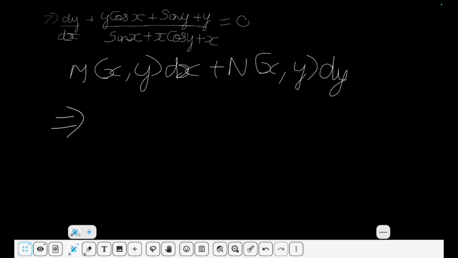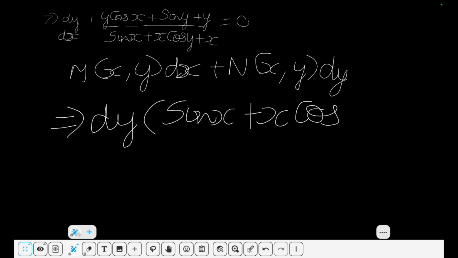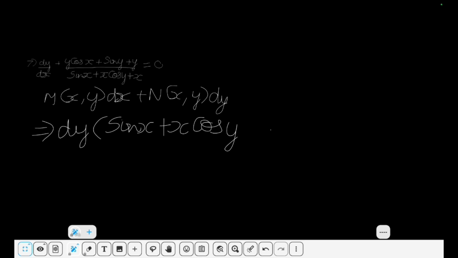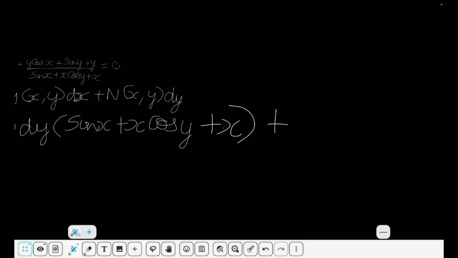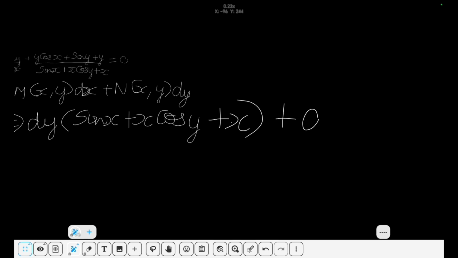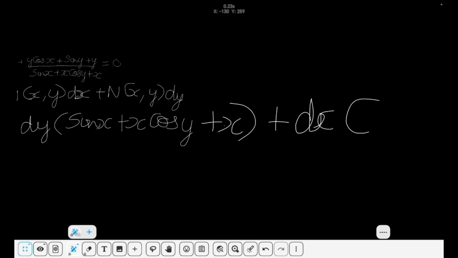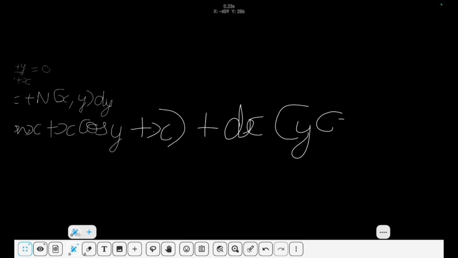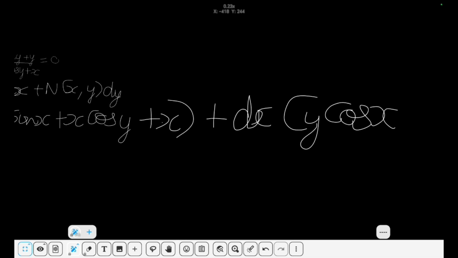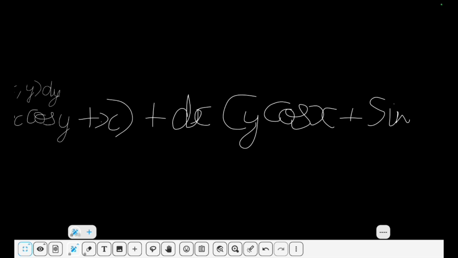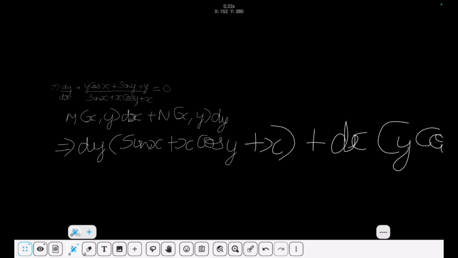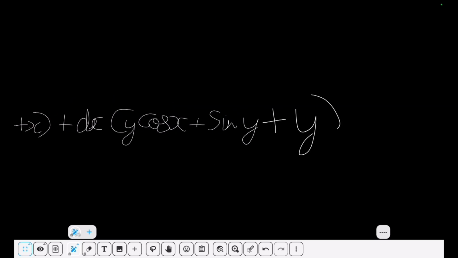Let us cross multiply, that is dy into (sin x plus x cos y plus x) plus dx into (y cos x plus sin y plus y) equals 0.